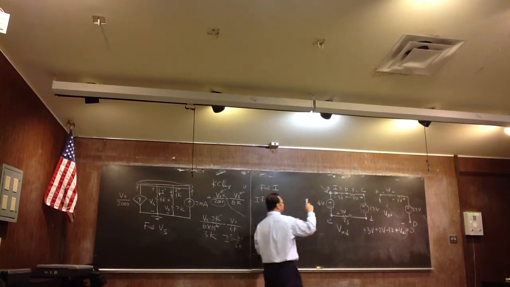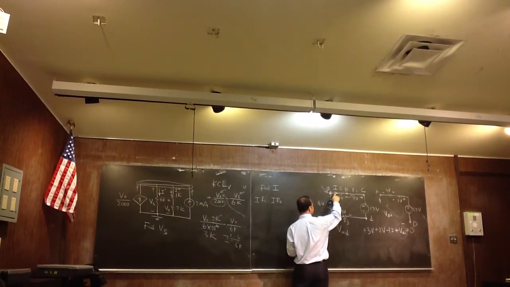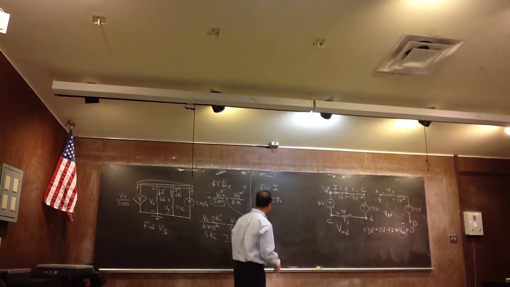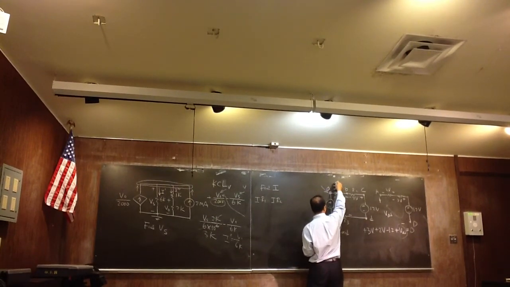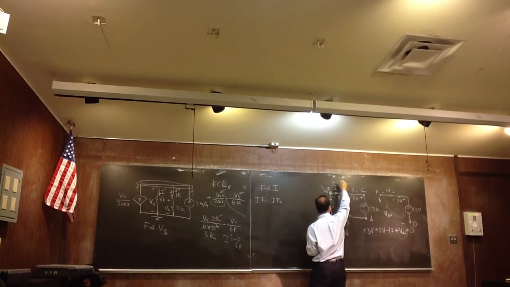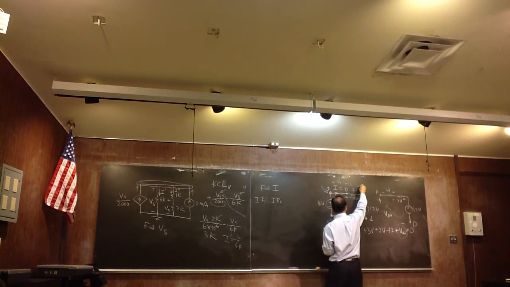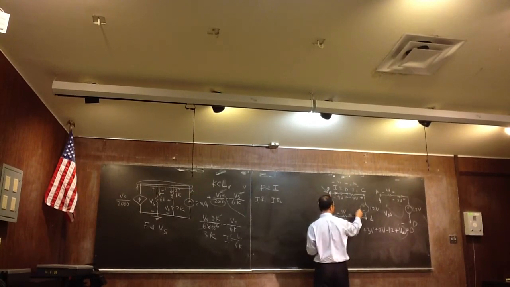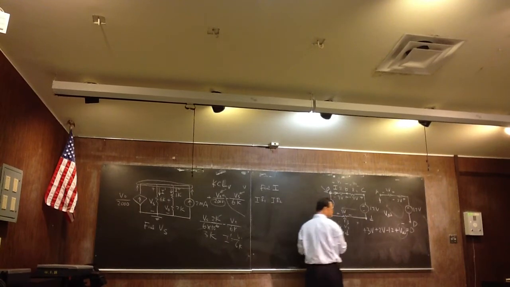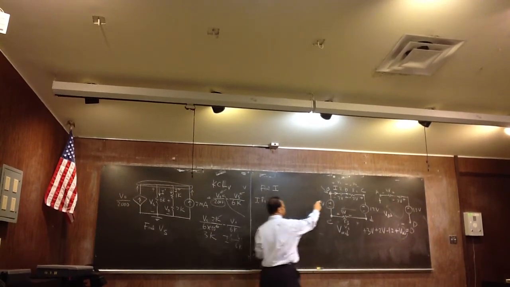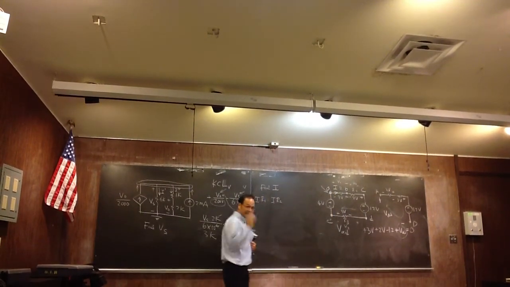Let's just assign the direction of current like that. According to the direction of current, this is plus or minus. I'm going to call this V1 plus minus V2, and the current is going this direction, so it's plus minus V3, correct? According to the current direction, I have a sign.